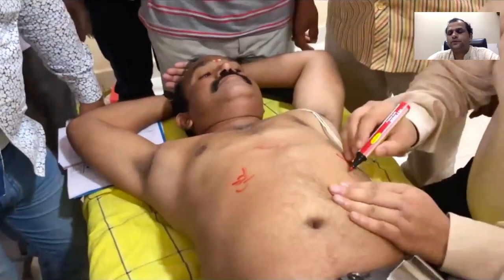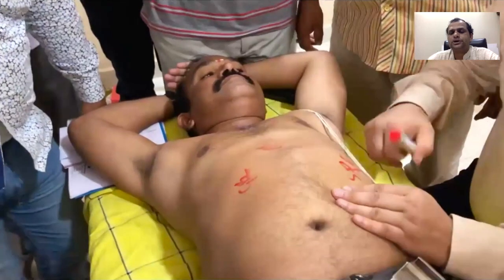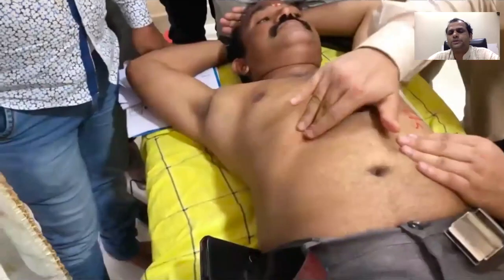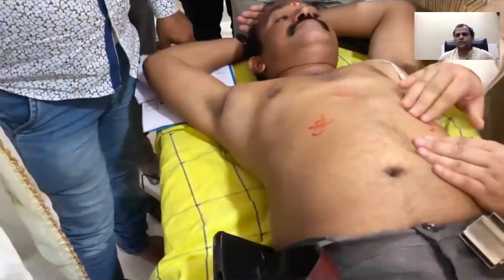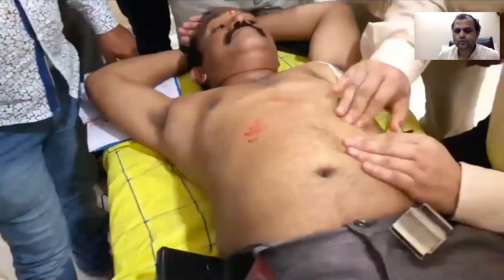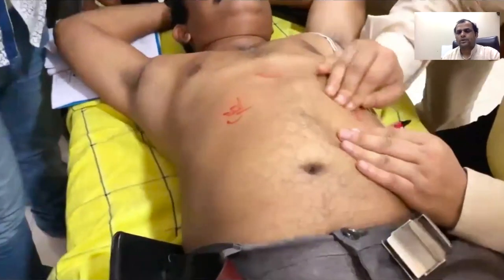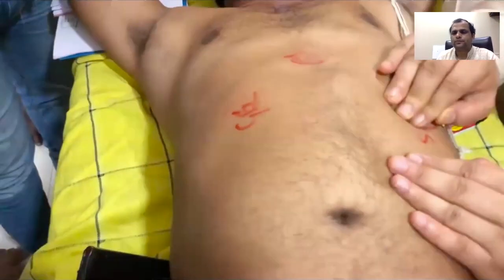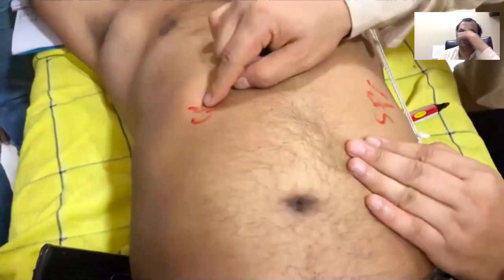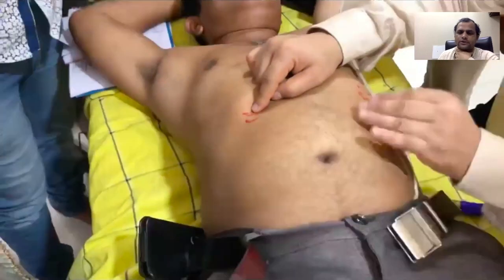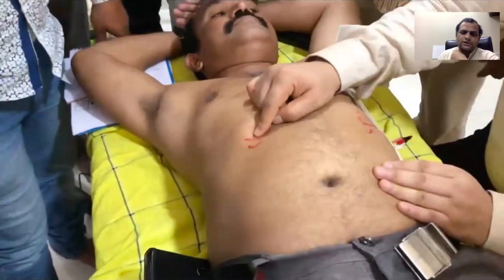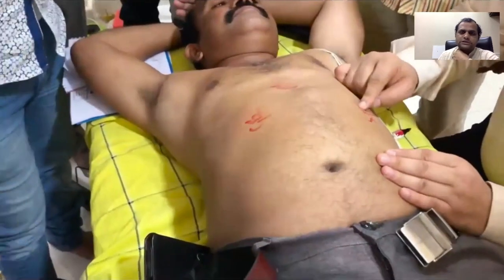But if this is painful and tender on the left side, it is the pathology in the spleen or pancreas. So we are pressing the last rib, and if it is tender and painful, we can declare the person is suffering either a problem of the gallbladder or of the spleen as per their respective areas.